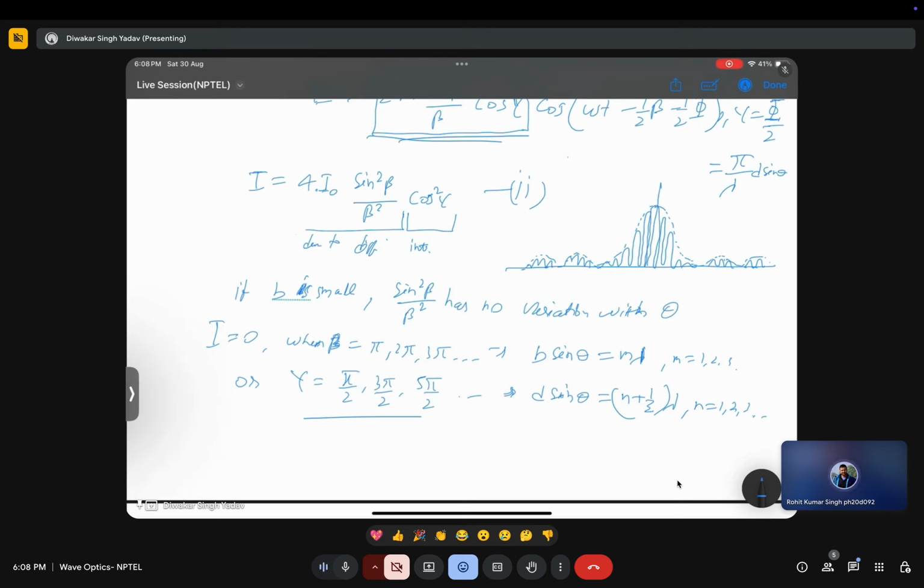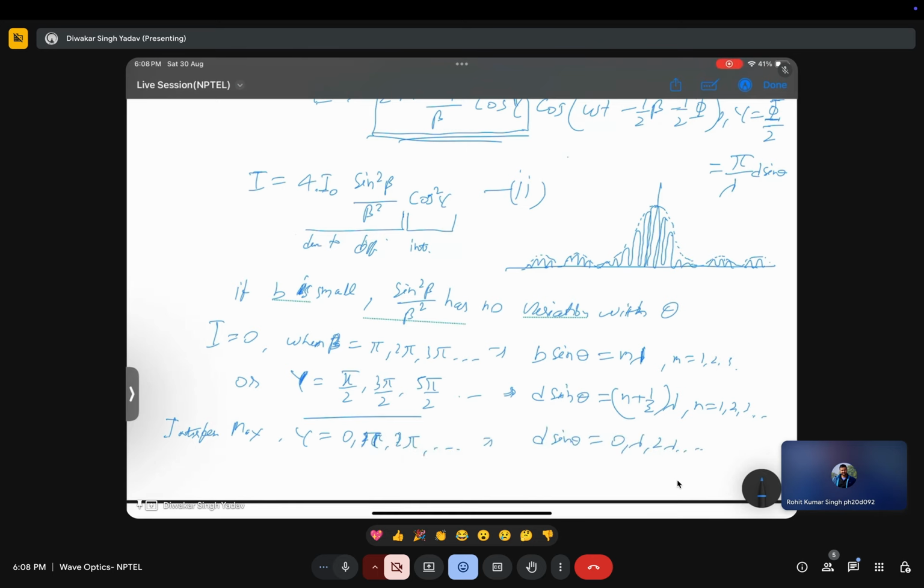And we know from interference that the maxima, all these interference maxima, will happen when gamma is an integral multiple of pi, so 0, pi, 2 pi, and so on, or when d sine theta equals 0, lambda, 2 lambda, and so on.